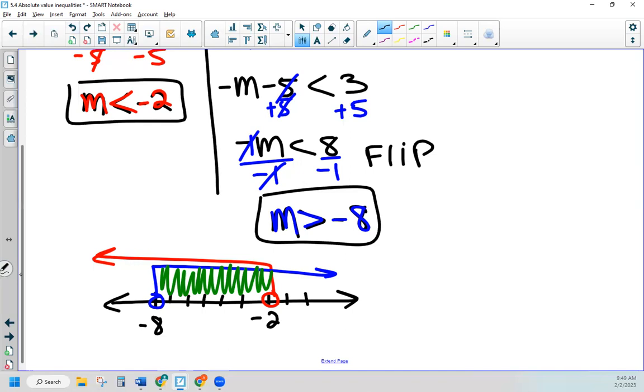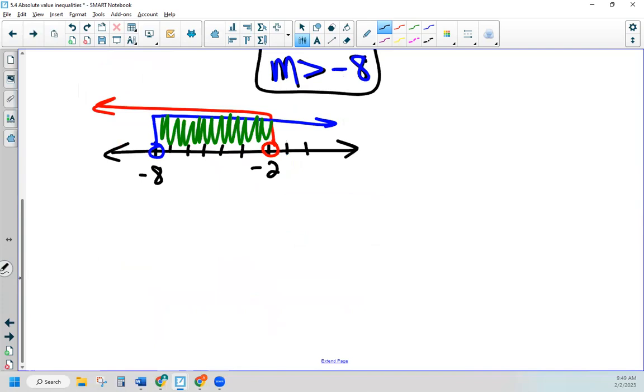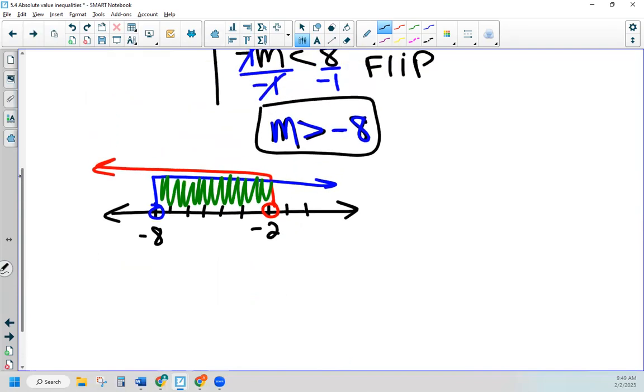Now, here's the graph of it. What I want to do right now is properly write our solution for this. There are 3 ways of writing this. Number 1 is pretty much what we have right here, which is m are my values that are less than -2, with the word and inside, a compound statement. And m are my values that are also greater than -8.